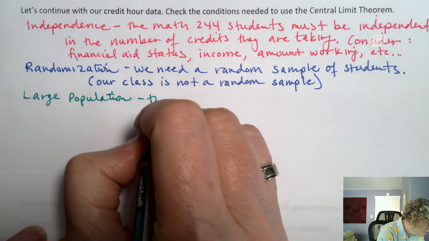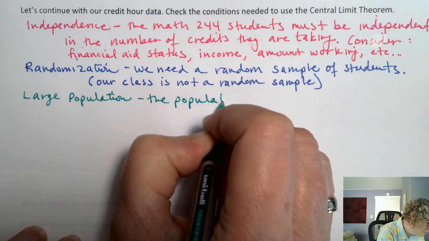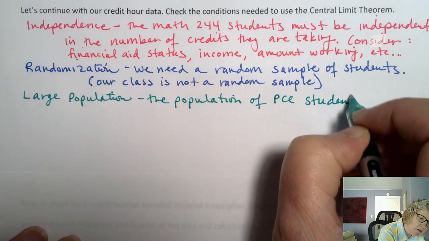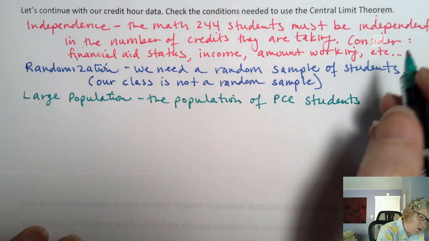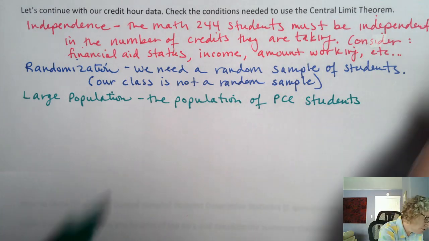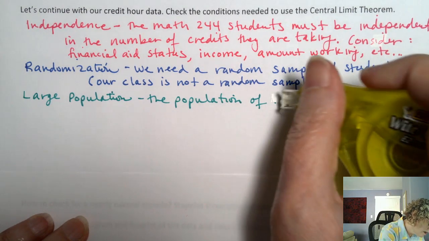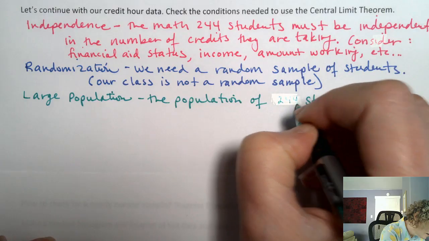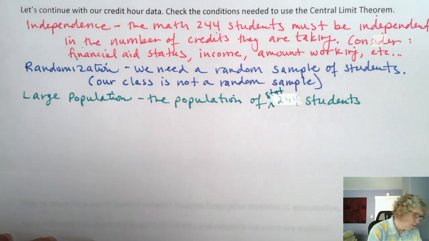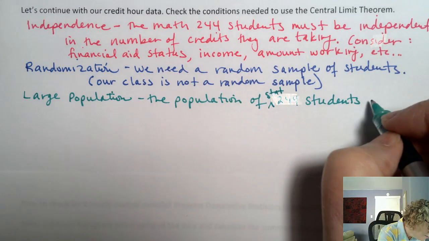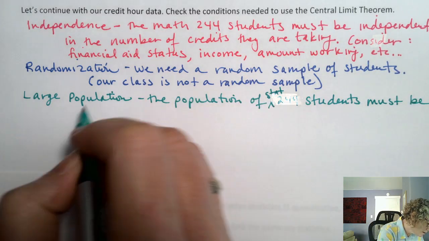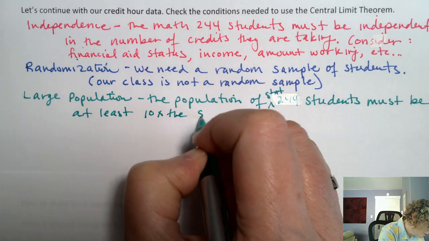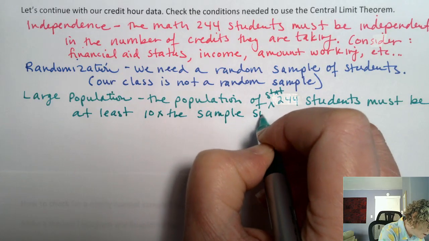So the population of, actually, sorry, we want Stat 244 students, must be at least 10 times the sample size.